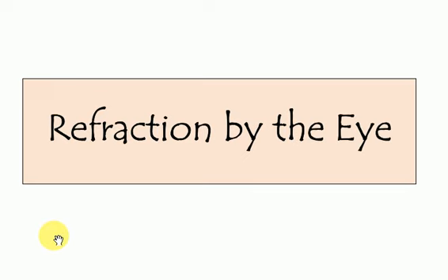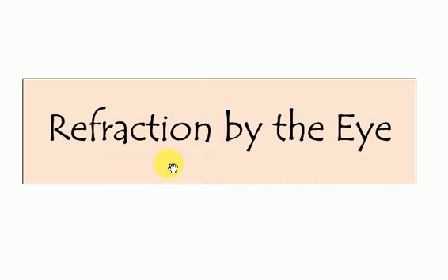Next chapter is refraction by the eye. So the thin lens formula, which is discussed in chapter 5, is inadequate to deal with the refracting system of the eye. The refracting system of the eye is composed of a number of refracting surfaces, and they are separated by relatively long distances.